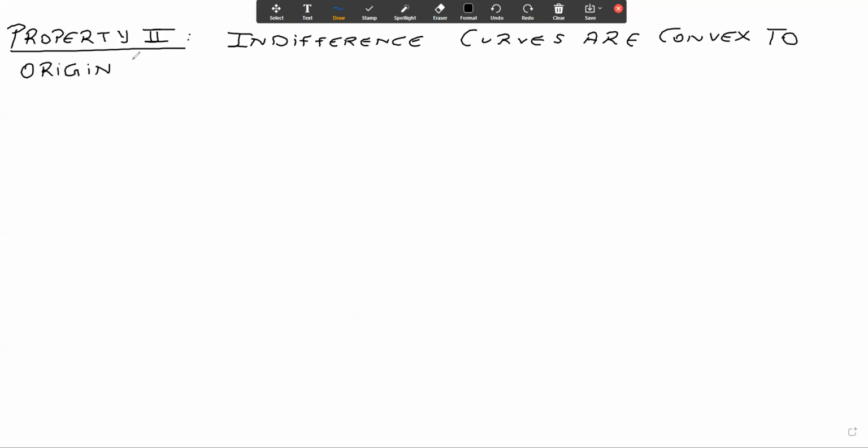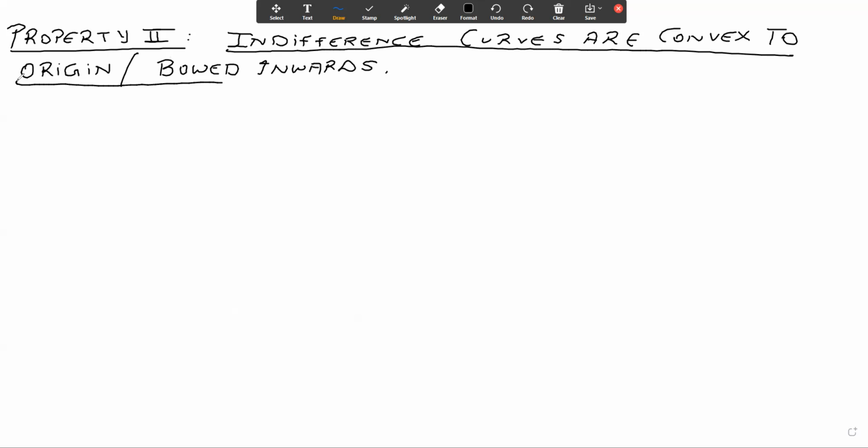Or another way of saying it is they are bowed inwards. Now let us look at this property, guys. Why are indifference curves convex to the origin?